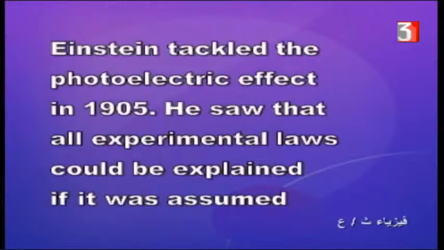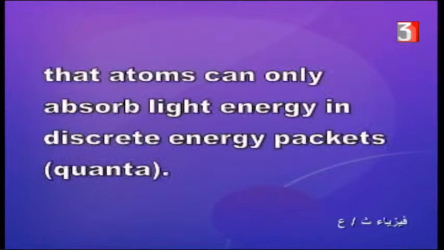Einstein, as a matter of fact, tackled the photoelectric effect. In 1905, he saw that all experimental laws could be explained. It was assumed that atoms can only absorb light energy in discrete energy packets.